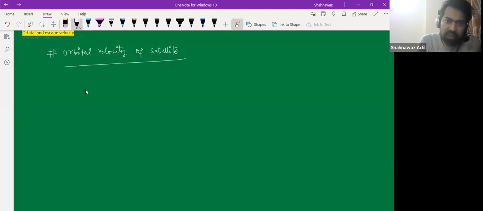Right. So the first thing is this word, orbital. This is made up of the word orbit. So an object which is moving in an orbit.